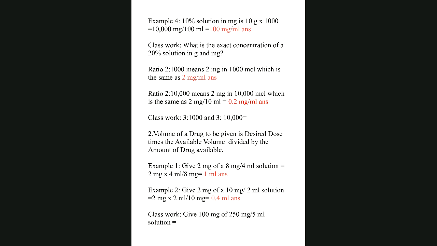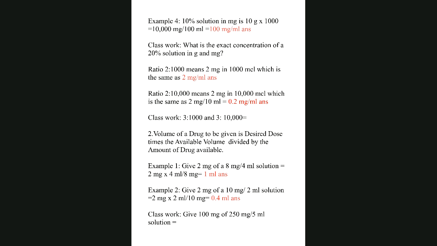So what it really means, if you see a solution with a ratio like 2 in 1,000, it's the same as 2 milligrams in 1,000 microliters, which is the same as 2 milligrams per mil.